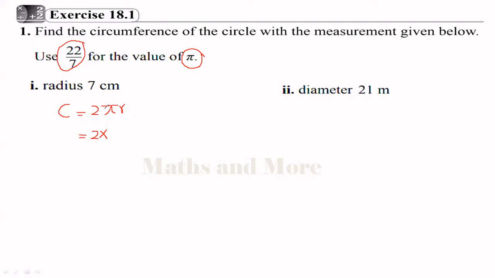What is the value of pi? You have to use 22/7 for pi. Let's put that 22/7. 2 pi r. What is the value of radius here? Radius is 7 centimeters. So in the place of r, you have to put 7.